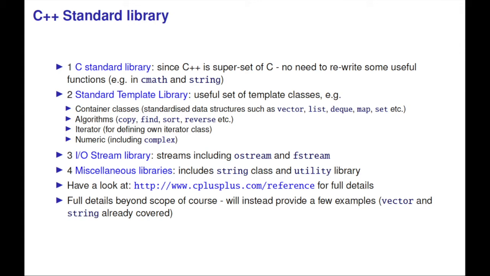And there are numeric ones as well, not probably as much as physicists would like, but complex is a key example of that. The IOStream library, which is clearly the one we've used quite a bit of, is the OStream and FStream parts of it. And there are miscellaneous libraries like the string and utility and lots of others.